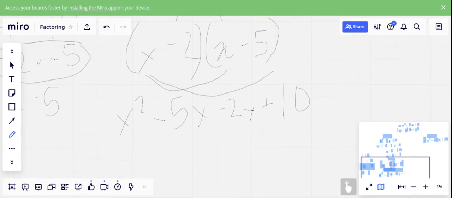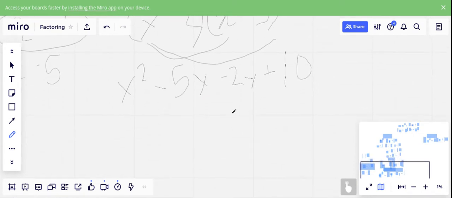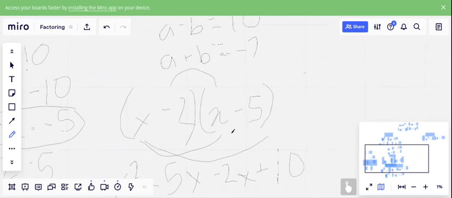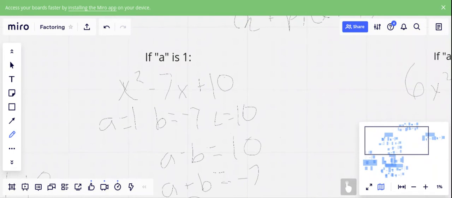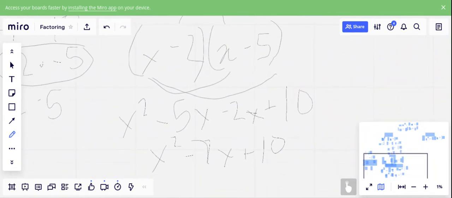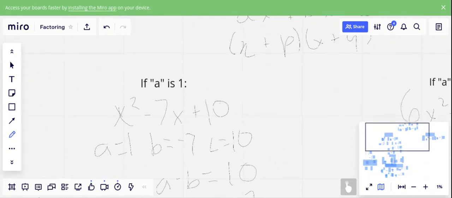So now we have these four terms. Let's combine them: x squared minus 7x plus 10. This is the same quadratic that we had in the beginning, x squared minus 7x plus 10 and x squared minus 7x plus 10. So now we know what to do if a is 1.